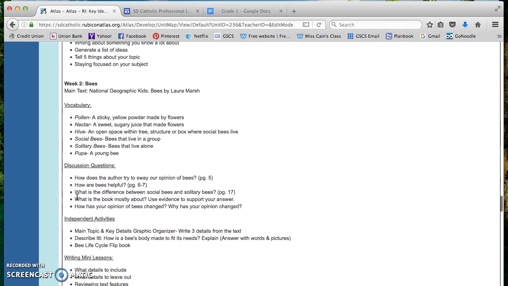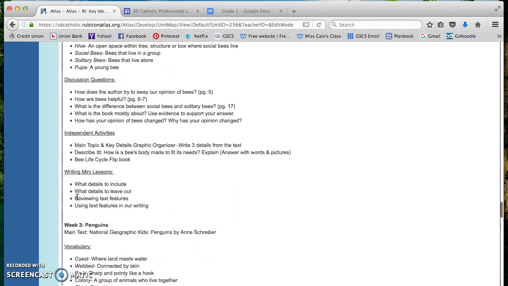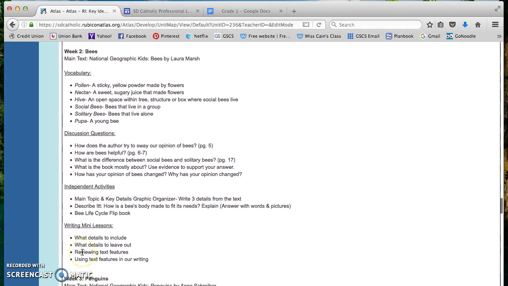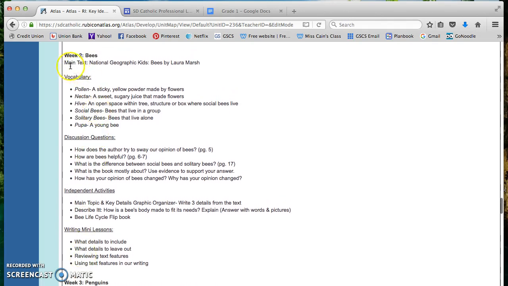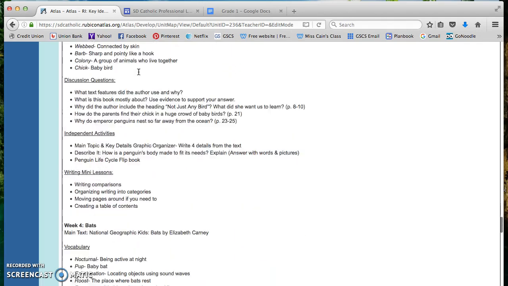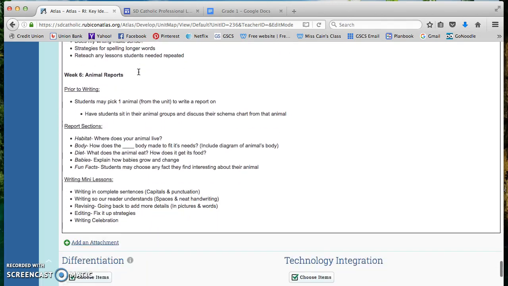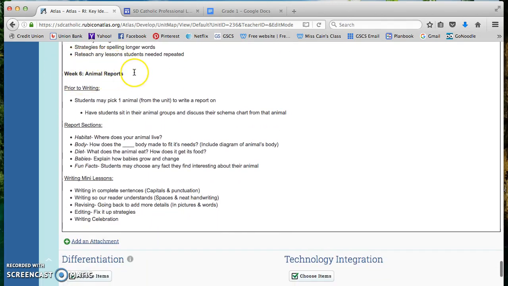So I've broken that up by weeks, included the vocabulary again, discussion questions, independent activities, the writing mini lessons I plan to focus on, and I also included the book that we would be using as our main text each week. And then at the bottom of the unit, you can see where I'm going to be doing the animal reports that I had previously talked about.